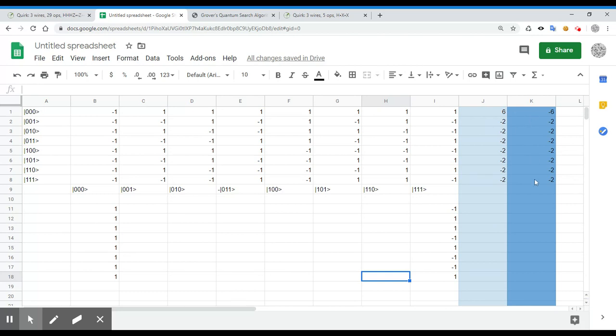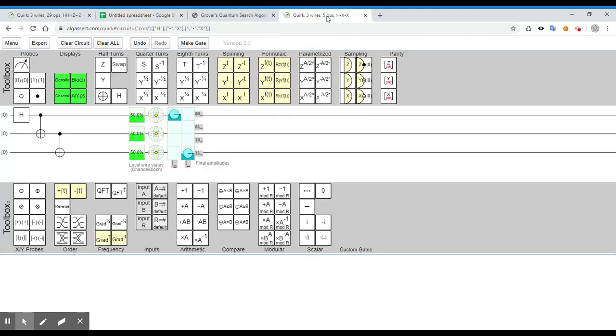So it's all negative. Interesting. 6, -2, -2, -2, -2, -2. Well, it's all negative. If I apply a Hadamard to these, that's not what I get.